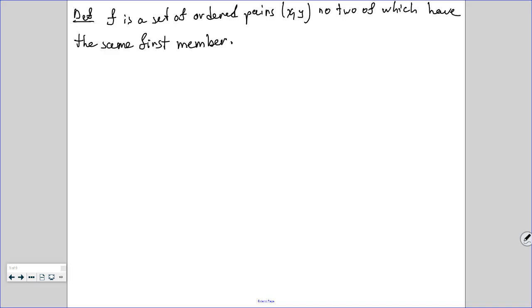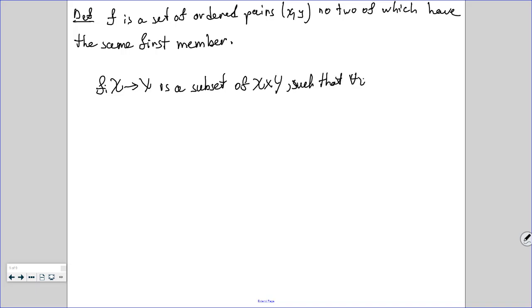Another way to say it: a function f from X to Y is a subset of the Cartesian product of X, Y, such that for each x in X there exists a unique y in Y. Let's give the definition of two more types of functions. The first is a one-to-one or injective function, and the second is a surjective or onto function.